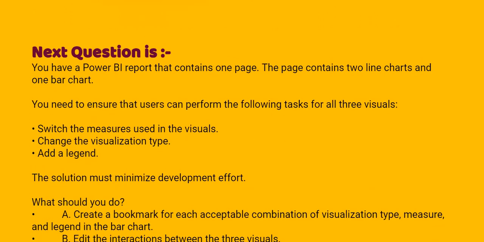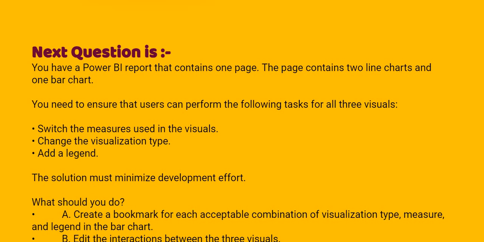Next one. You have a Power BI report that contains one page. The page contains two line charts and one bar chart. You need to ensure that users can perform the following tasks for all three visuals. First, switch the measure used in the visual.